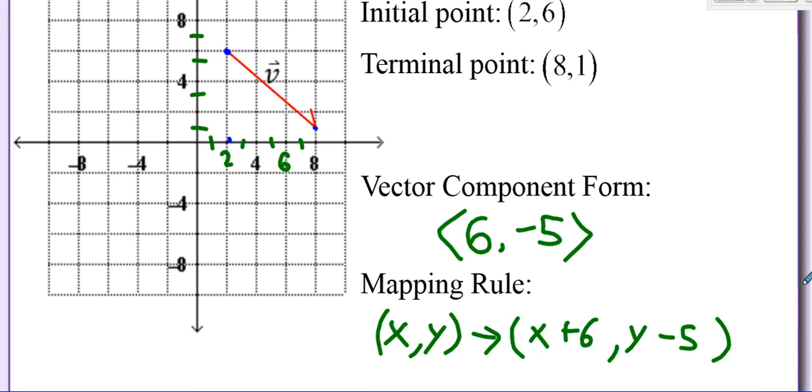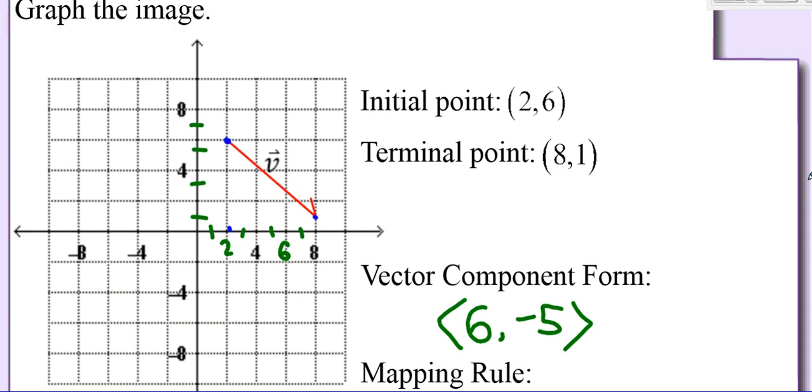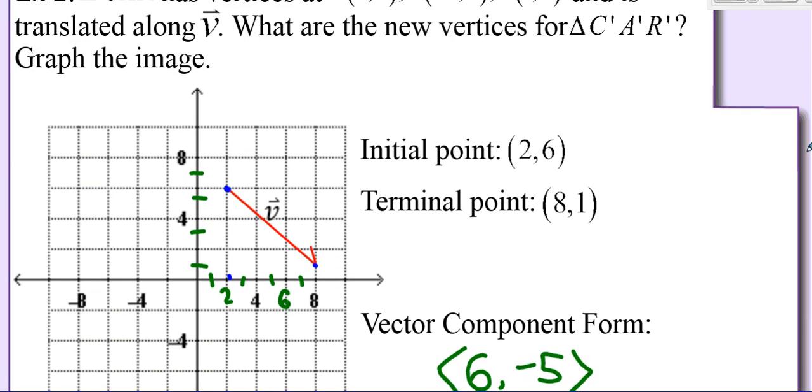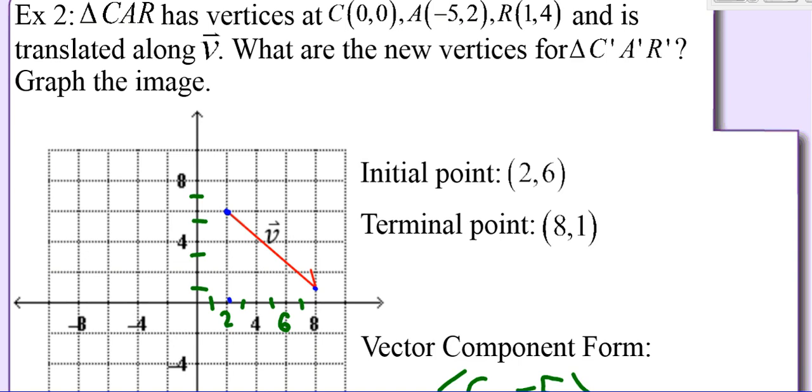All right, so now we know all of that. We're going to take these coordinates: (0, 0) for C. There's C. A is at (-5, 2).